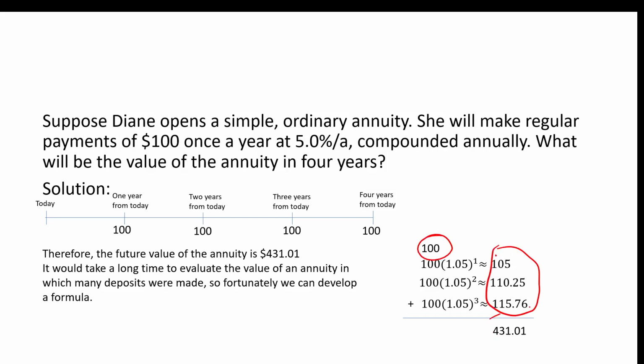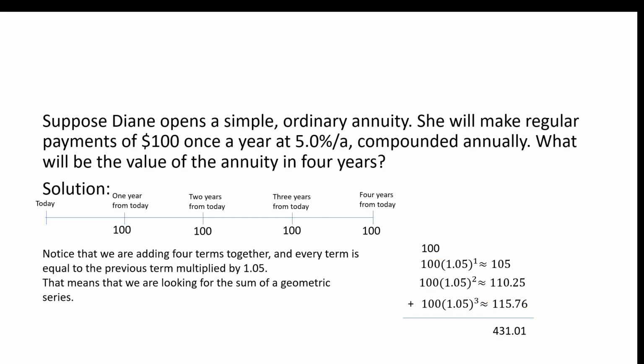But let's recognize that if we had to add up the values of all these deposits every time to find the future value, it would take a long time. So what we're going to do instead is see if we can develop a formula. Notice that we're adding the 4 terms together, and every term is equal to the previous term times 1.05. We have 100, and then 100 times 1.05, and then that number times 1.05, and that number times 1.05.